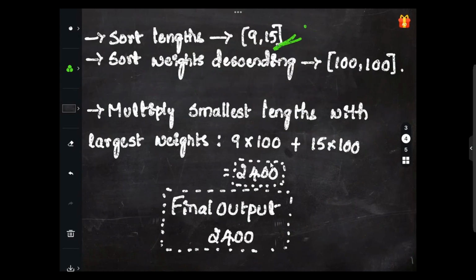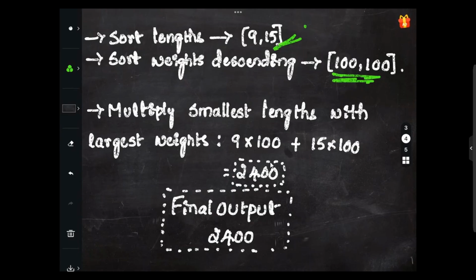We will be sorting the weights in descending order. For this particular problem we have the same value, so we don't have to worry for this test case. We can just write 100 comma 100 here.